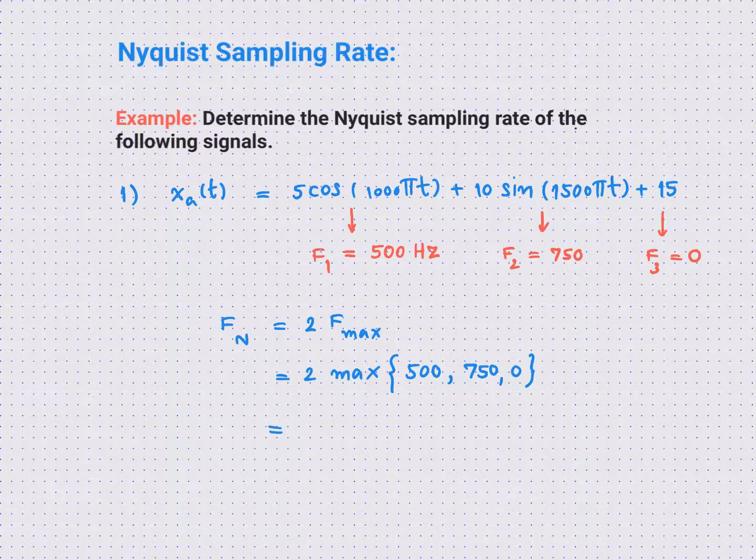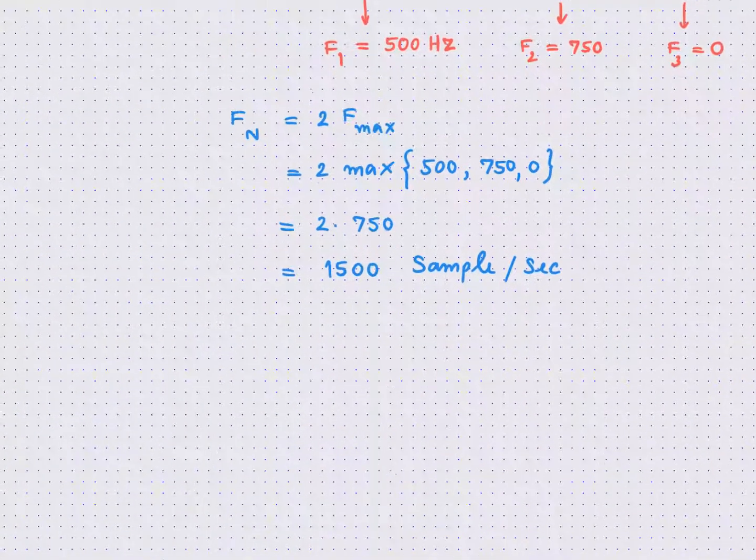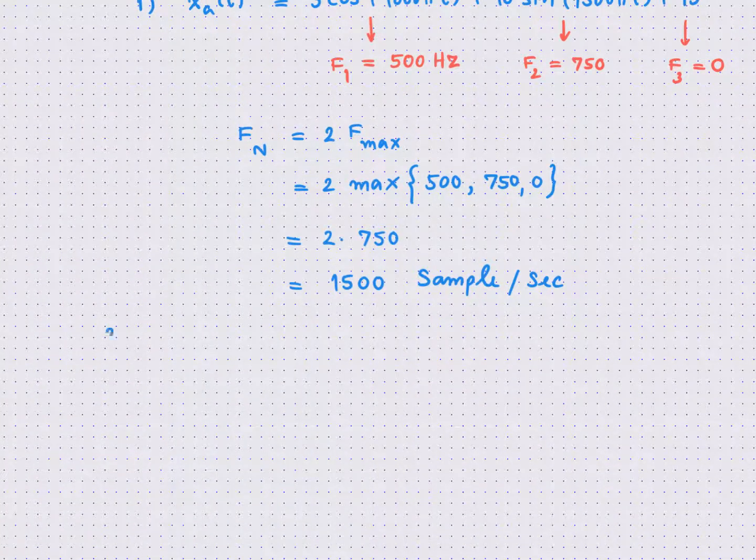So the result will be 2 multiplied by 750, and you get the answer 1500 hertz. But in the sampling domain, we do not call it hertz, we call it samples per second. So the Nyquist sampling rate is 1500 samples per second. So let's go to the next example.